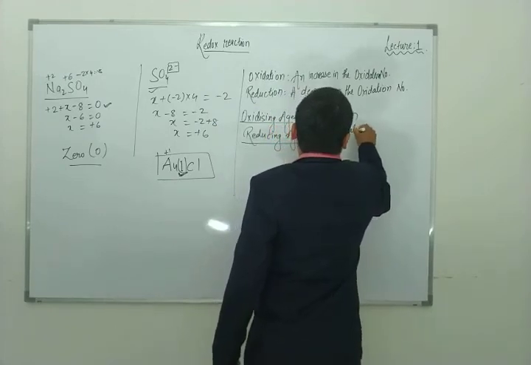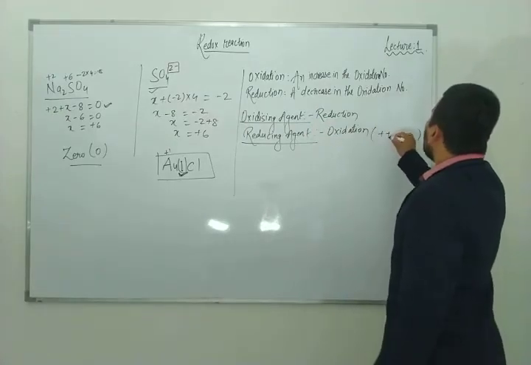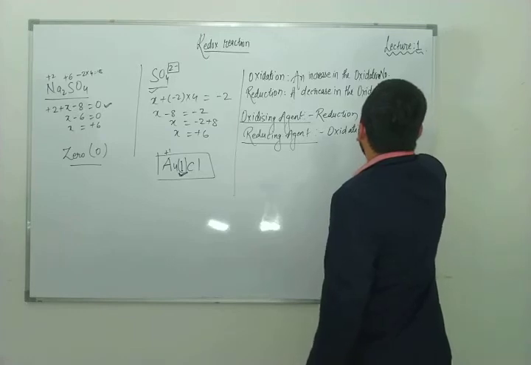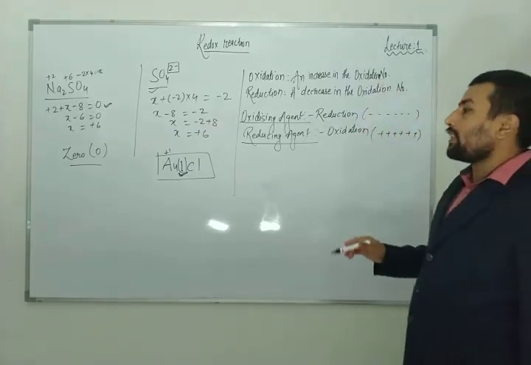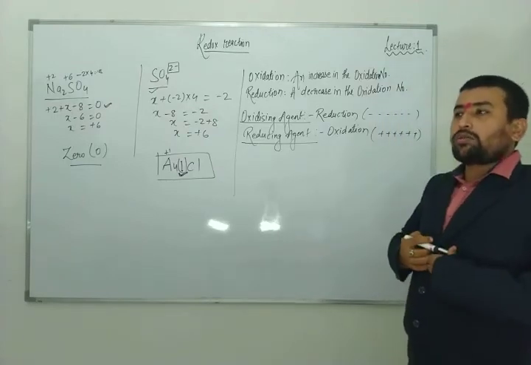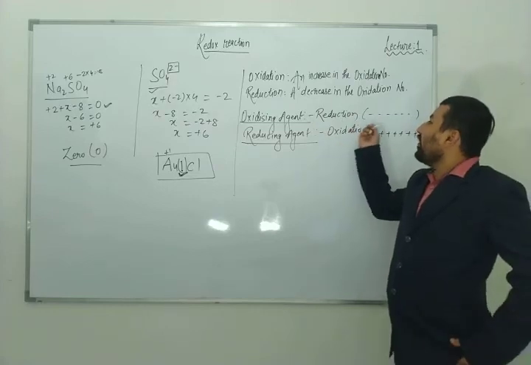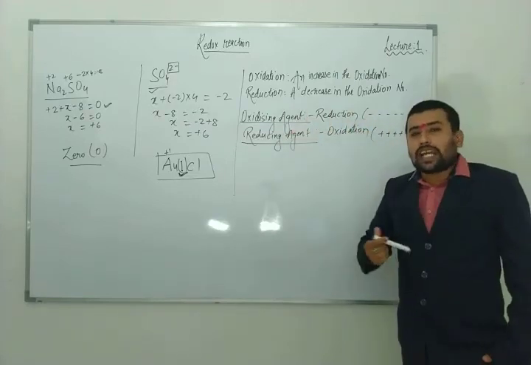oxidation. Oxidation means increase in oxidation number, losing of electrons, and reduction means decrease in oxidation state. For example, if -3 was there, and now -4, -4 is less than -3, so it is a decrease. When there is a decrease, it lowers the oxidation number, that is the oxidizing agent.